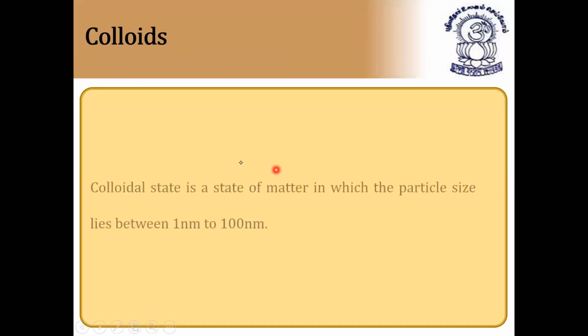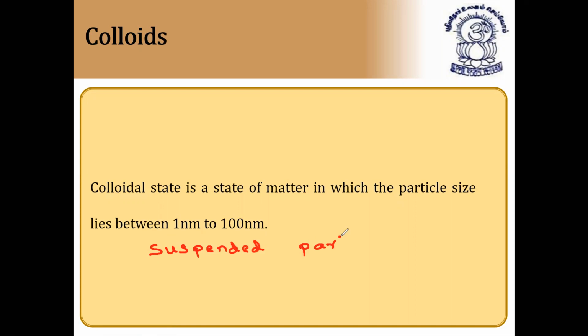What are colloids? Colloids are nothing but suspended particles in a solution. So the colloidal state is a state of matter in which the particle size lies between 1 nanometer and 100 nanometers. Very small particles. That's why we call them suspended particles in a solution.